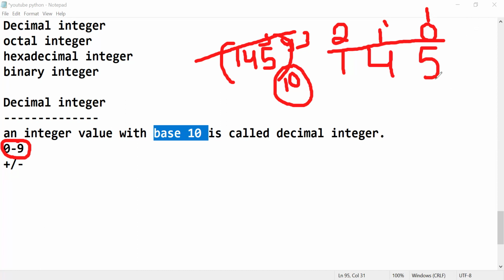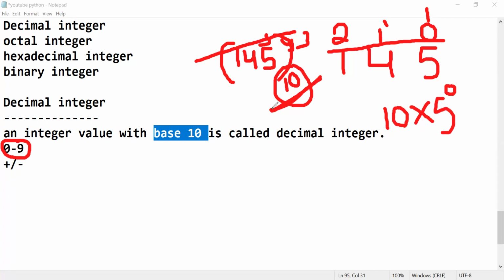See, guys, here we mention base 10. Base 10 means we have 10 to the power 0 into 5. Whatever base we have, we treat it like this. Here I mentioned base 10, and base 10 comes under decimal integer.